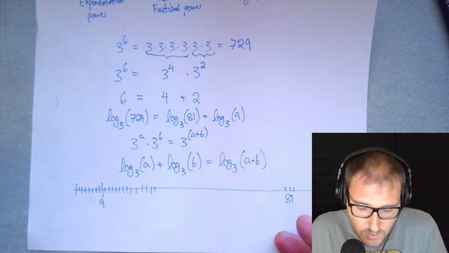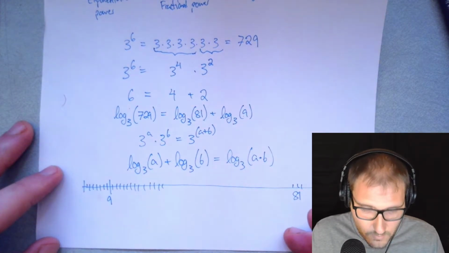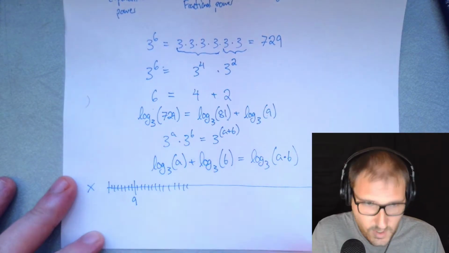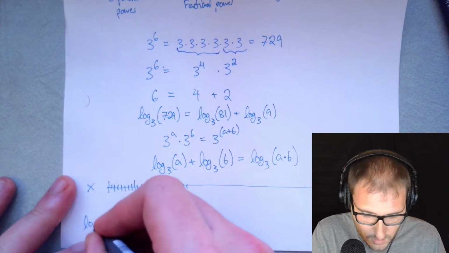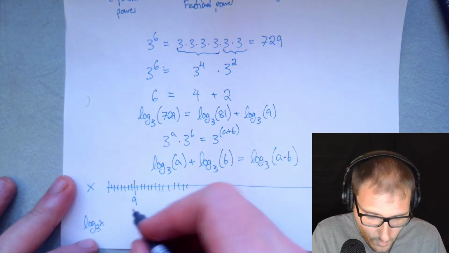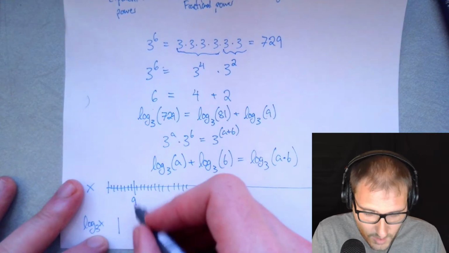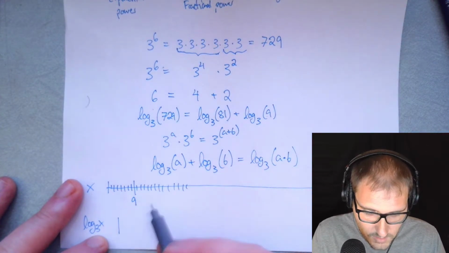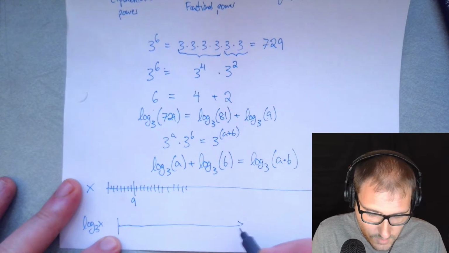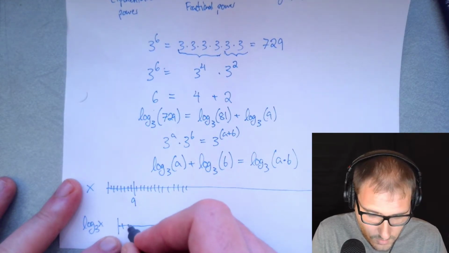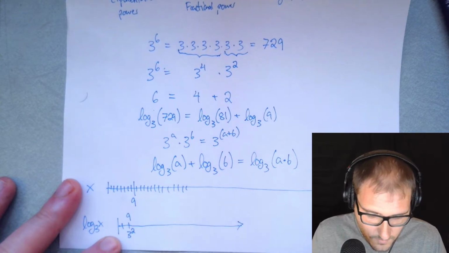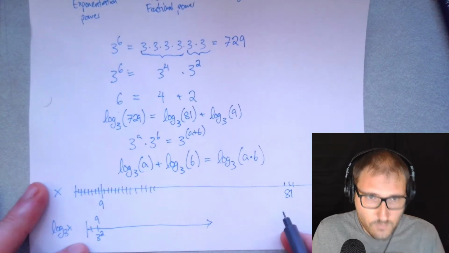But if I wanted to draw the logarithms of those things, so let's call this x, and then let's draw log base 3 of x. Well, the 9 is 3 squared, so 9 maps down to 2, so 3 squared is equal to 9. Where does the 81 go?